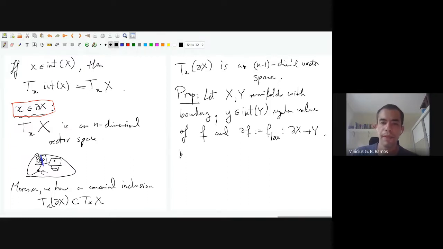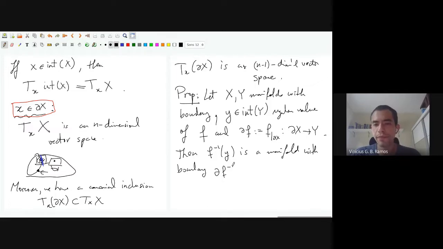Okay. Then the preimage of y is a manifold with boundary. And the boundary of this is the same thing as just the intersection of this guy with the boundary of x.